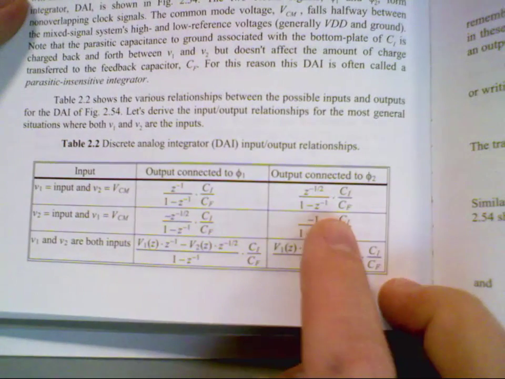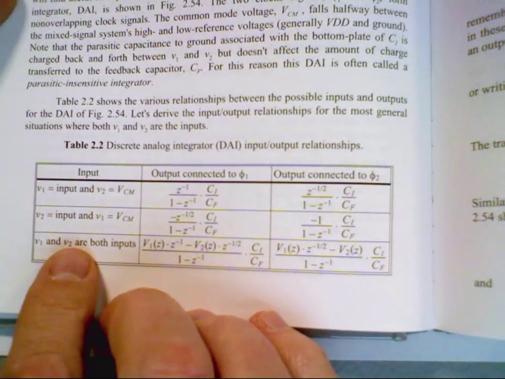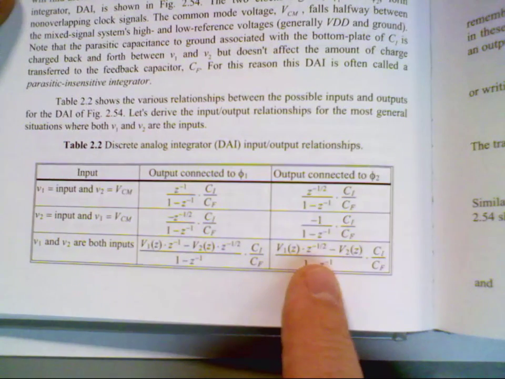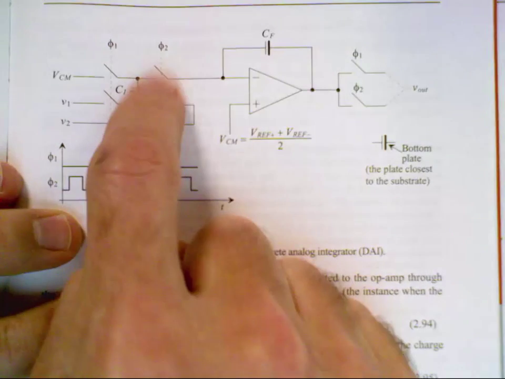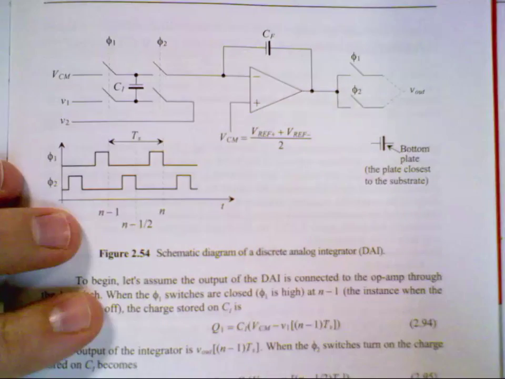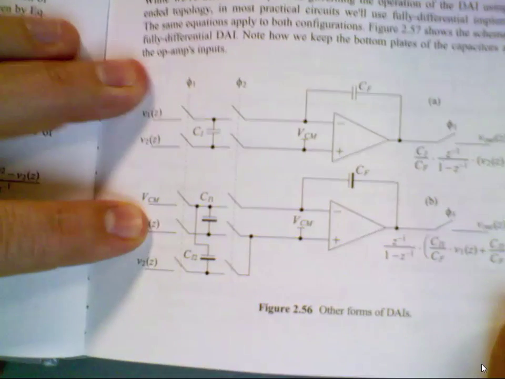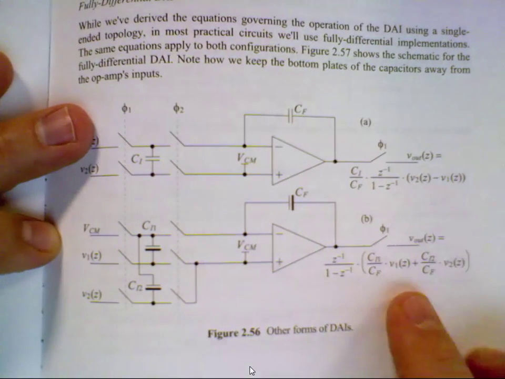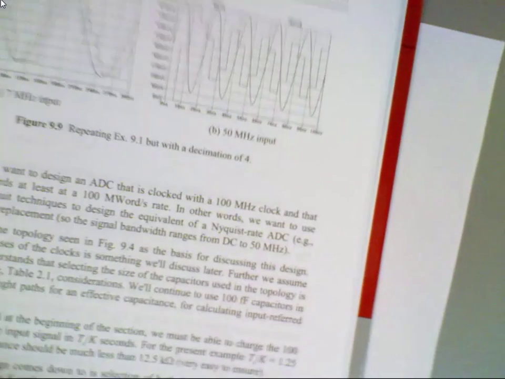I can't use this one because it only has one input, so I've got to use these two, where V1 and V2 are both inputs, and this would be the fastest delay where I'm connected to Phi2 to minimize the delay. And so my Phi2 switches would be used here and here. Now you might also look at a topology like this, but of course you still see we have delays. And there's actually one we'll talk about later in this chapter, probably next lecture.